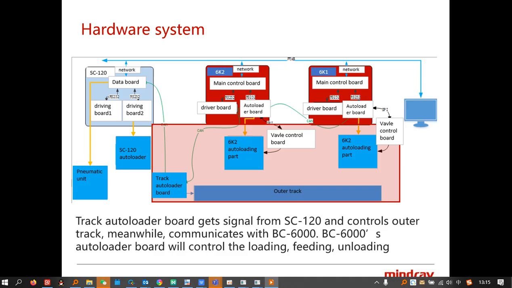And when you want to enter the IP address of the main control board, what should you enter? You need to enter the IP of the SC120, because the main control board of the check is, in fact, the main control board of the SC120.